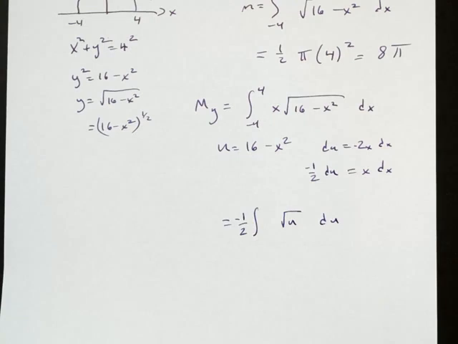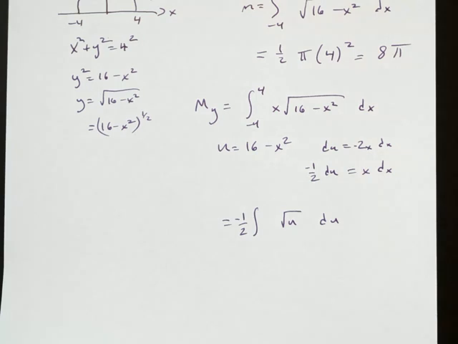I have not written something down yet that we need. The bounds. I did a u sub. Let's switch the limits. Trust me, switch the limits. How do you switch the limits again?